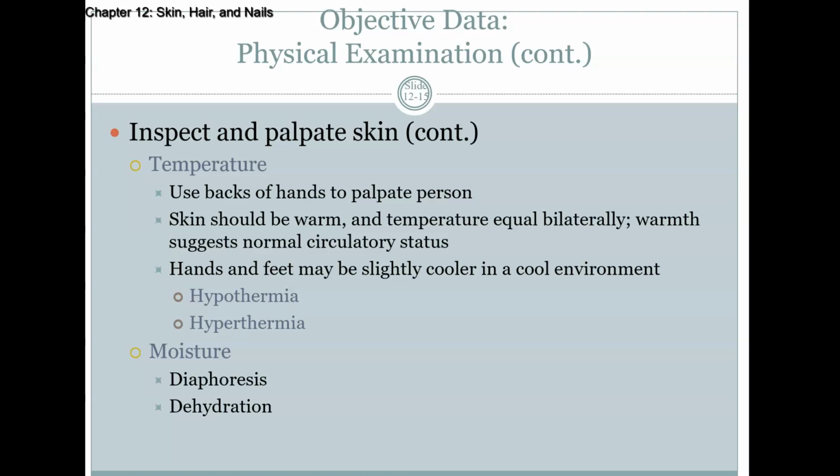Some people do tend to sweat a lot, and then you have dehydration. What's the most important place to check for a person when they have dehydration? You check the person at their clavicular area, and you want to see whether their skin has that bounce back.